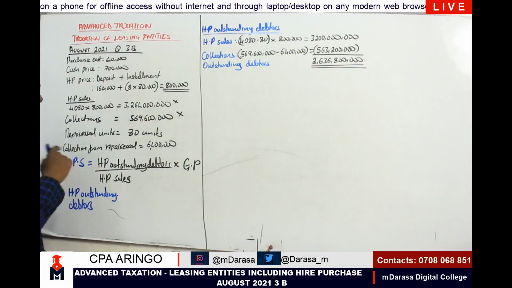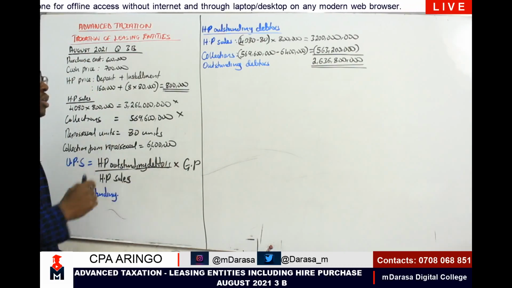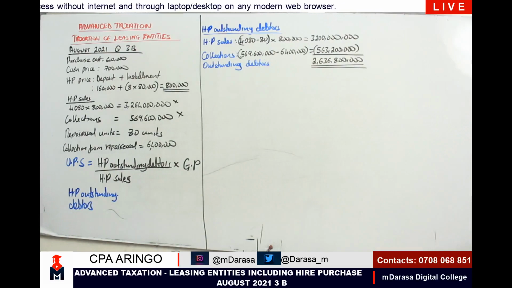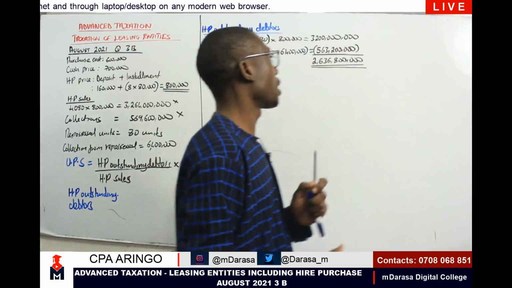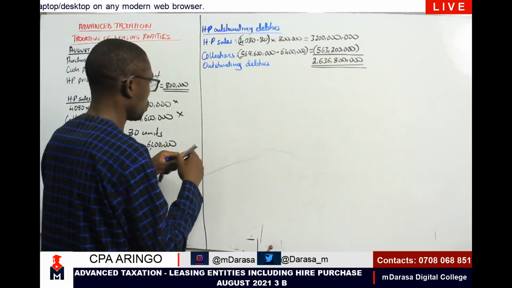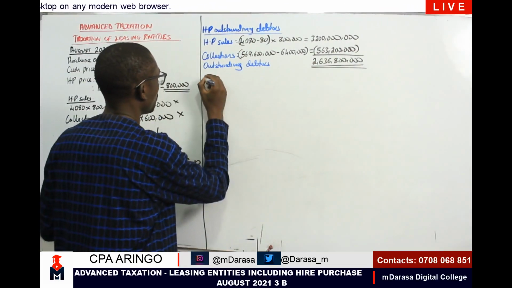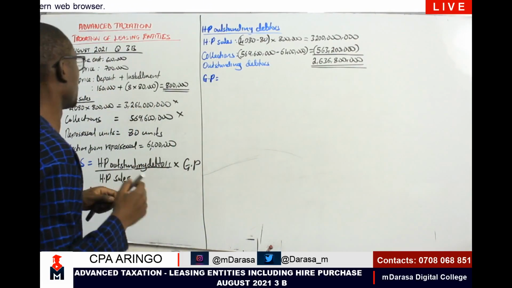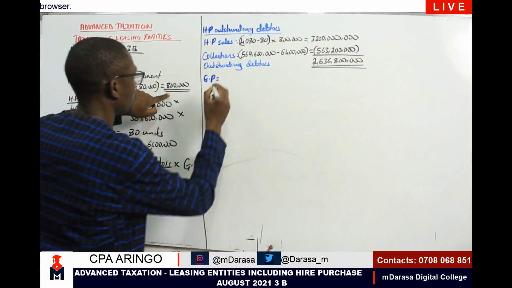So we have our outstanding debtors and our hire purchase sales. What about our gross profit, my good students? How will we determine our gross profit? It will be very simple. Our hire purchase sales, we had 800,000.